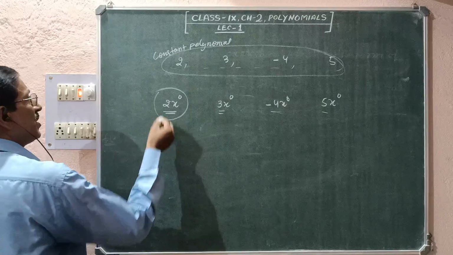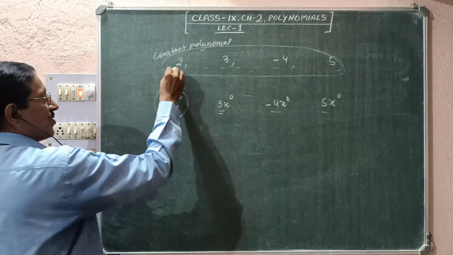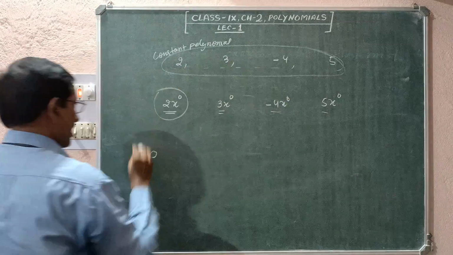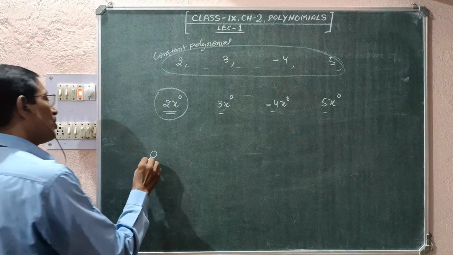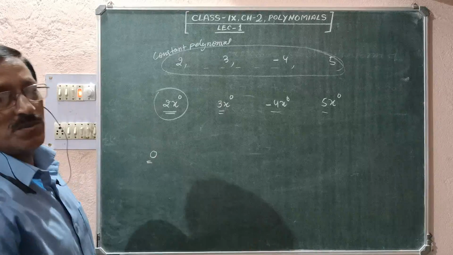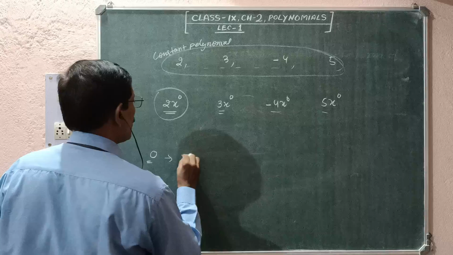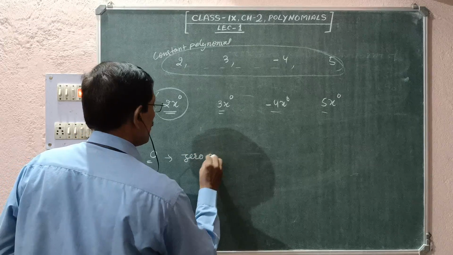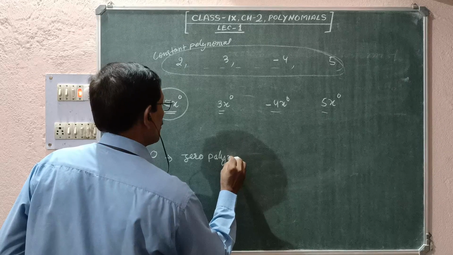We take, other than these non-zero integers, we take 0. 0 is also an integer. So this 0 is known as the zero polynomial. 0 is also a polynomial, but it is the zero polynomial.